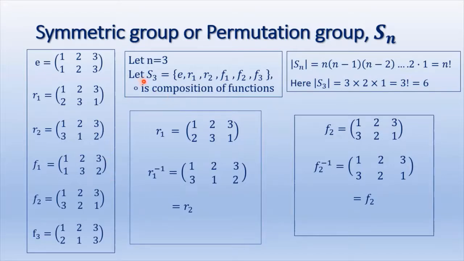So in this set S3, that is the set of all permutations on a set of 3 elements, we have 6 elements, 6 functions, and these 6 functions operated with themselves will have 36 compositions of functions, and it could be filled in a Cayley table.